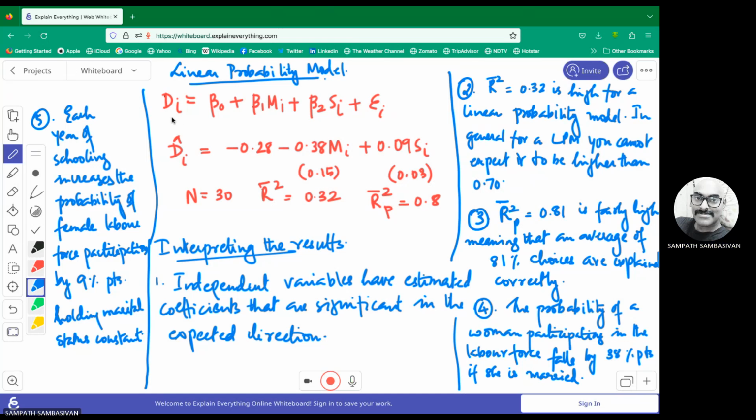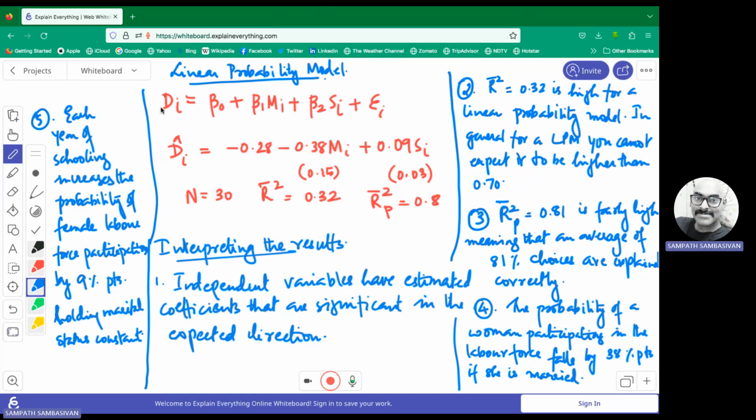See here, we are taking the case of an econometric model, which is coming as follows. See, Di is equal to beta 0 plus beta 1 Mi plus beta 2 Si plus epsilon i, right? This is the model that is given to us. What does each of these things stand for?